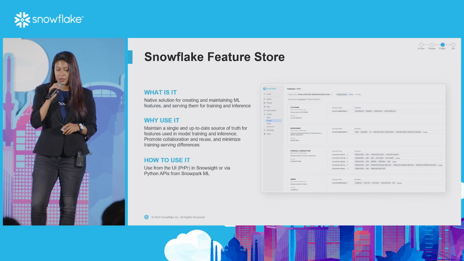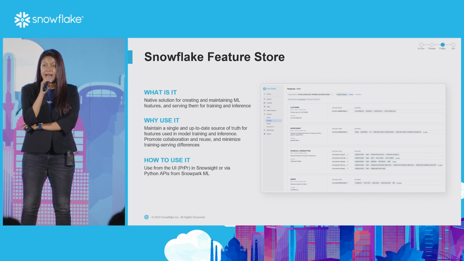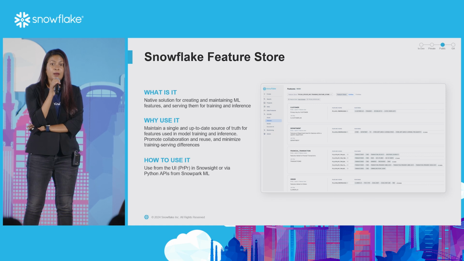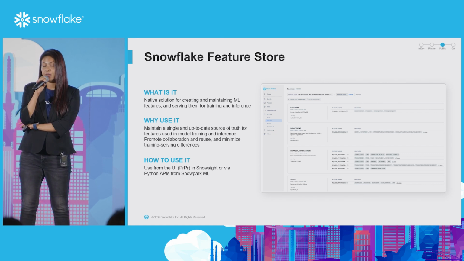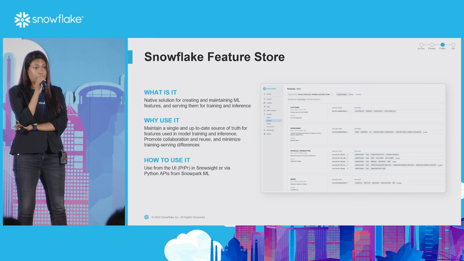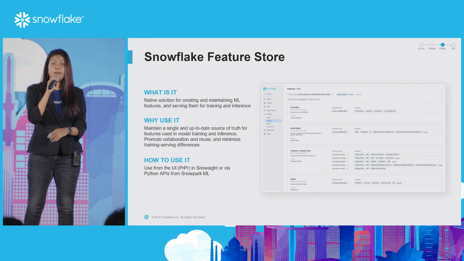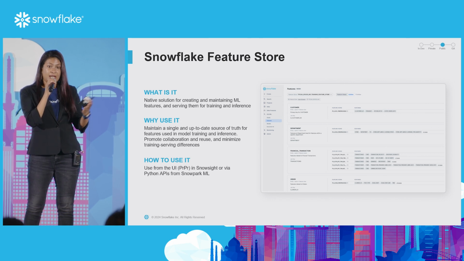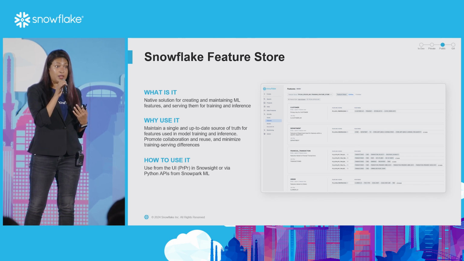Feature Store. Feature Store is also one of our new features, and this really helps you in multiple ways. If you want to create a feature store, you can distribute it to other teams, so it helps in collaboration. I'm from the product team, and I'll create the feature store because I'm the only one who is aware of which columns are important for the product.